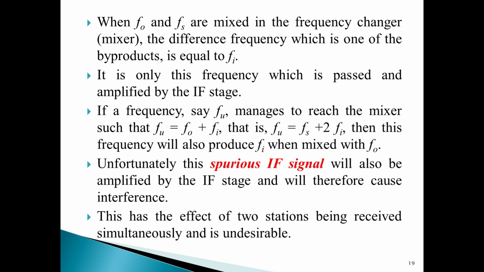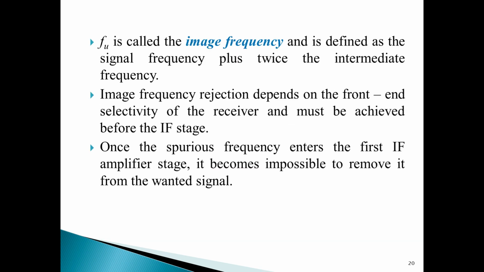Unfortunately, this spurious IF signal will also be amplified by the IF stage and will therefore cause interference. This has the effect of two stations being received simultaneously and is undesirable. Fu is called the image frequency and is defined as the signal frequency plus twice the intermediate frequency.